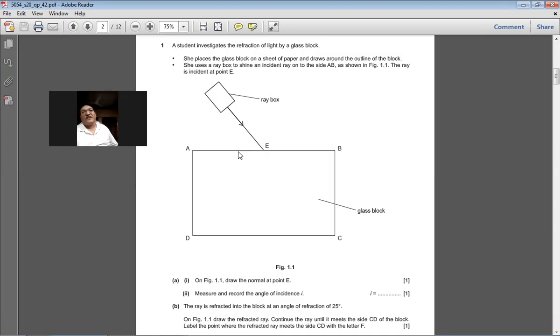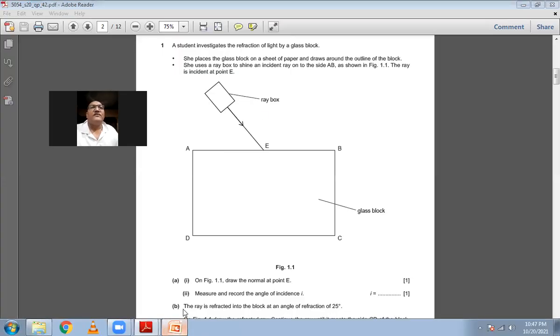The first task is to draw a normal at the point E. Normal is a line which is at right angle to this face AB. You can put a set square or a protractor here, with the crosshair on E and both the zeros on the line AB, put a dot at 90 and then draw this normal. Let me show you. I have drawn this normal.